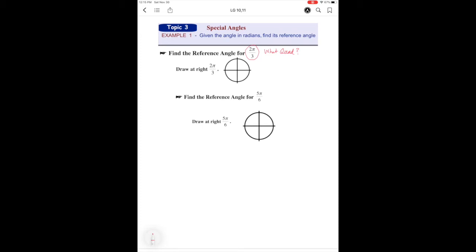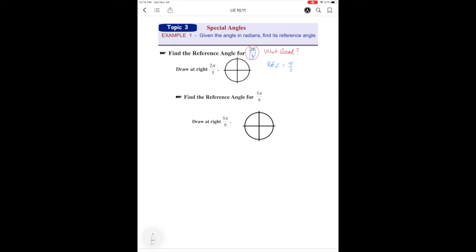Now, this is what I do. I'm a converter in my head, and it helps me with the reference angle too. So I look at this pi over 3. If it said, what is the reference angle? Well, the reference angle is pi over 3.